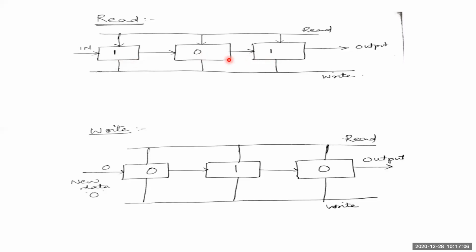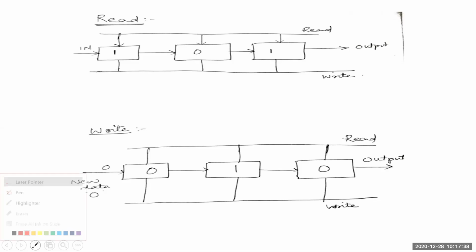The read line is connected to all the cells, and the write line is connected to all the cells. Apart from that, input is connected to the first cell, and all the cells are interconnected through these arrow marks, which means the data is sent from one cell to another cell. Ultimately, only the last cell will produce the output, whether it is read or write.